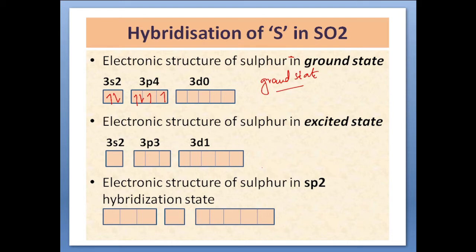The outermost electronic configuration of sulfur is 3s2 3p4. In this, the 3s orbital contains 2 electrons and the 3p orbital contains 4 electrons.